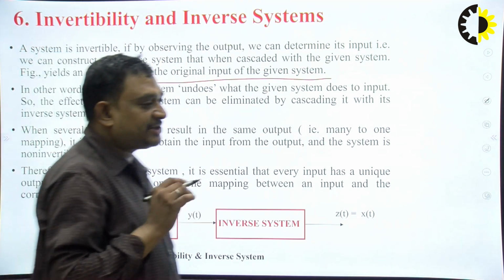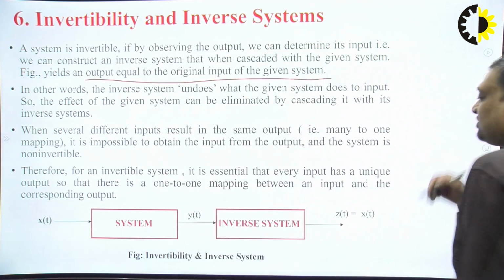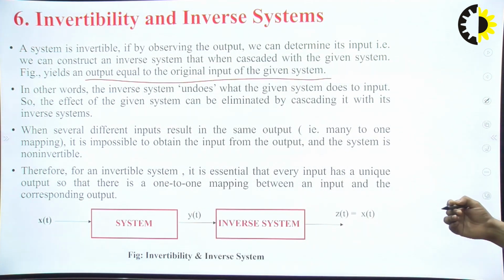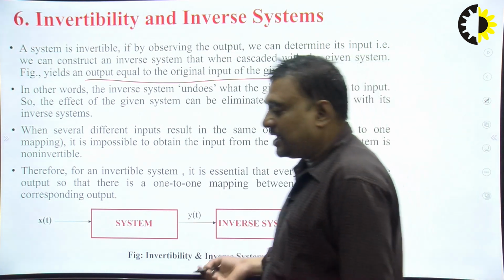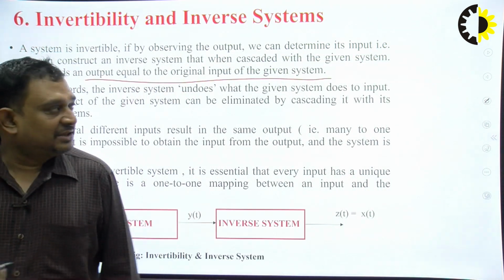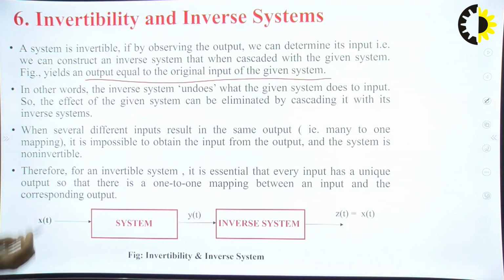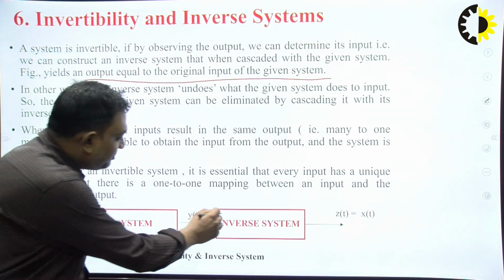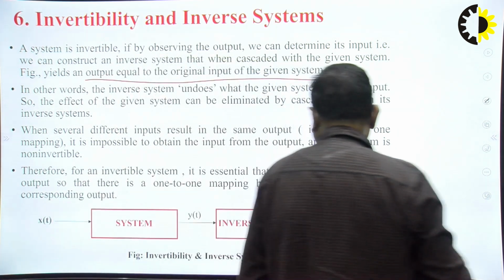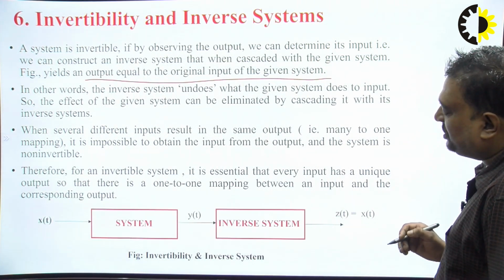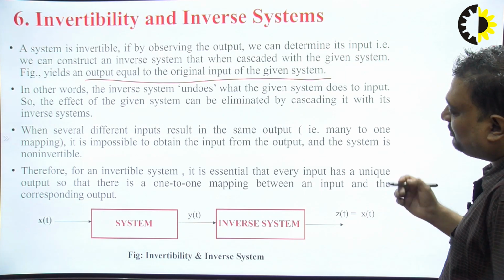So a system is said to be invertible if its inverse system exists. And if its inverse system does not exist, then we say that system is a non-invertible system. Invertible systems are systems for which inverse systems exist. In which case will the system be invertible?